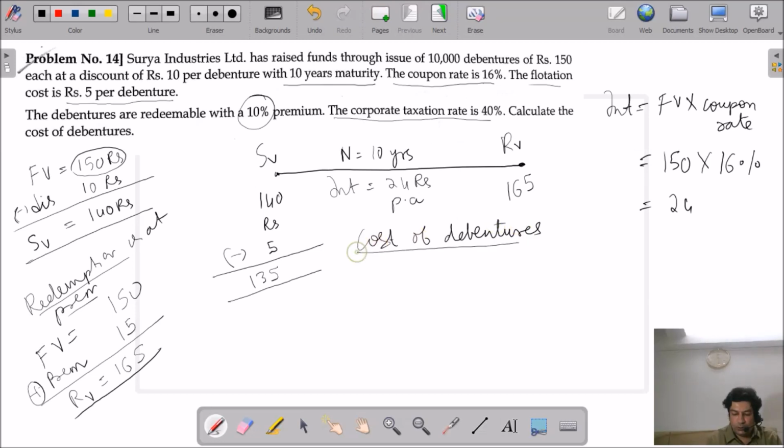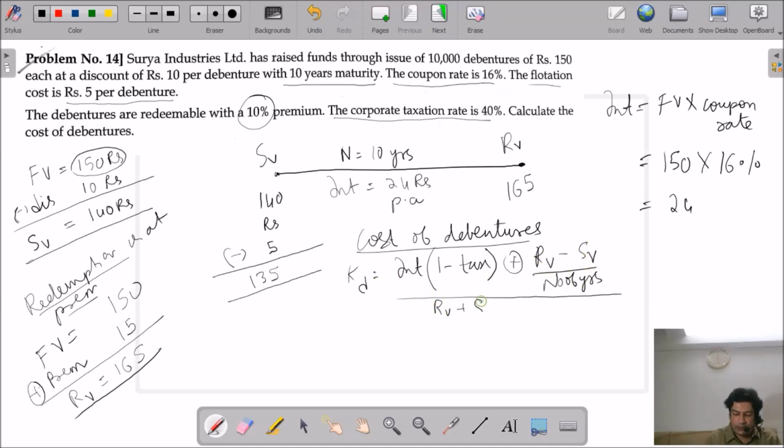So cost of debentures is interest into 1 minus tax, this is the tax saving, plus the redemption value minus the sale value divided by number of years, upon redemption value plus sale value divided by 2, and this whole bracket you have to multiply by 100.